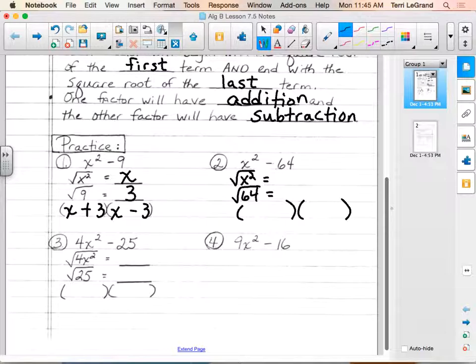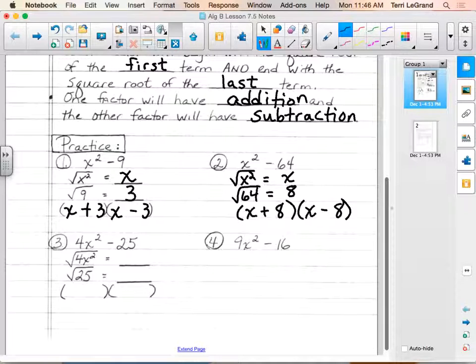Marky, what's the factor name for this one? For the first step, I said X, and then 8. Okay. So its factor name is? X plus 8 times X minus 8.